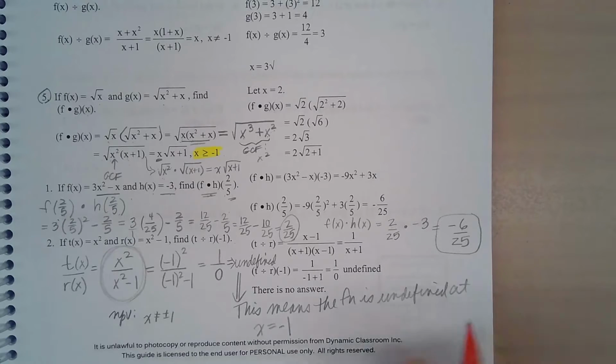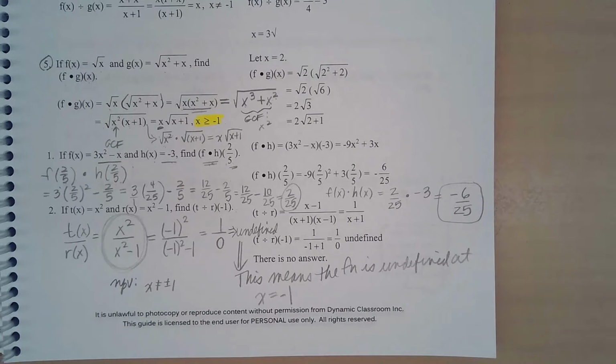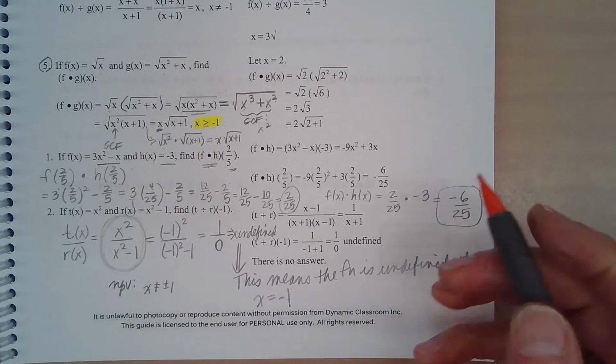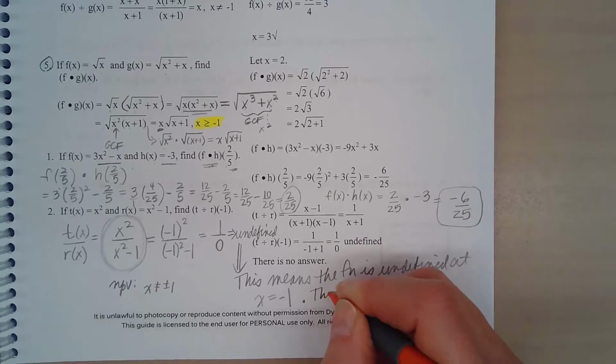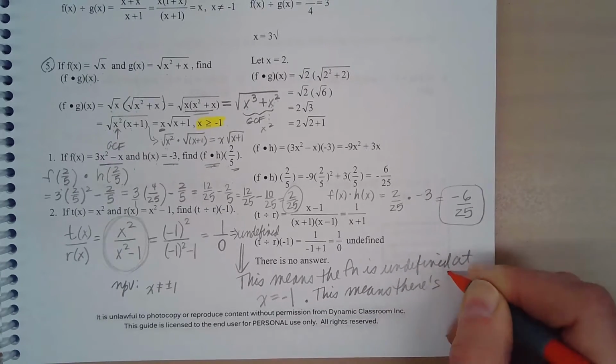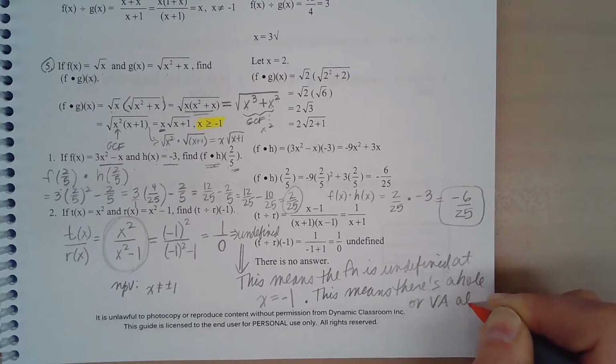And what happens pictorially, like on a graph, at all the spots where a function is undefined? Holes or... because negative 1 is a non-permissible value, right? What happens to our non-permissibles? So this means there's a hole or vertical asymptote at x equals negative 1, right?